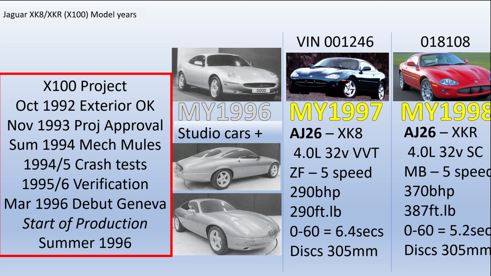In 1994/5, they did the crash test. In 1995/6, there were some verification prototypes built and tested until March 1996. The car debuted at the Geneva Motor Show, with production starting in summer 1996.